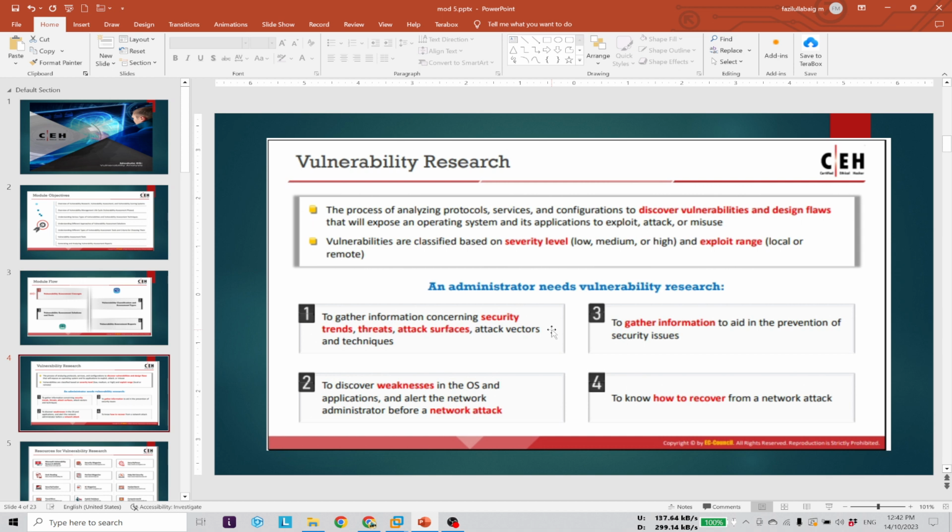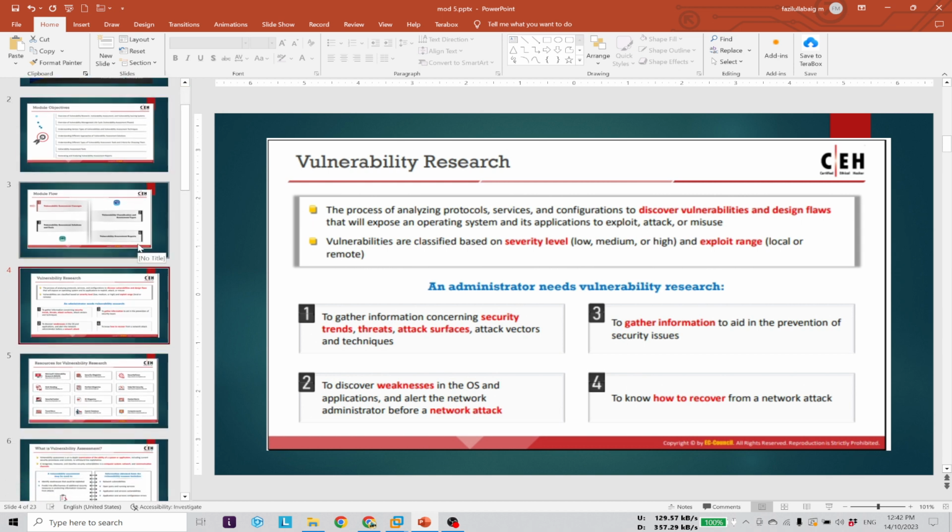All four points say that if we are working in a company and we find a particular vulnerability in the web application, mobile application, or operating system, then we can secure our data, so that an attacker cannot compromise our operating system, and they should not leak or breach our databases.